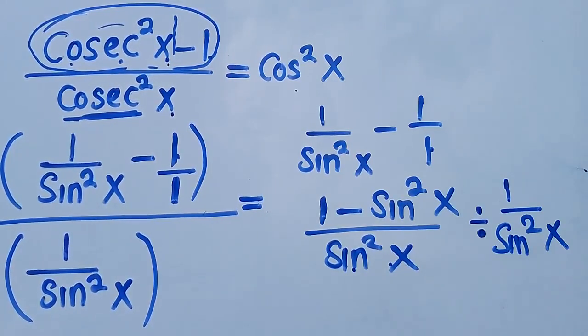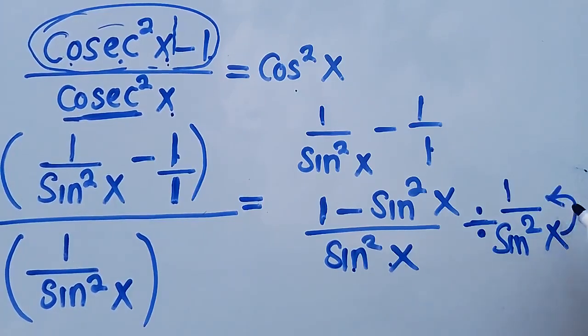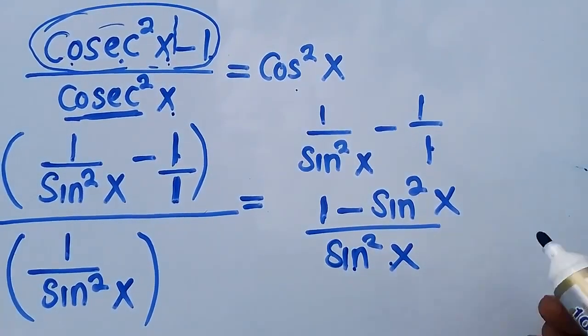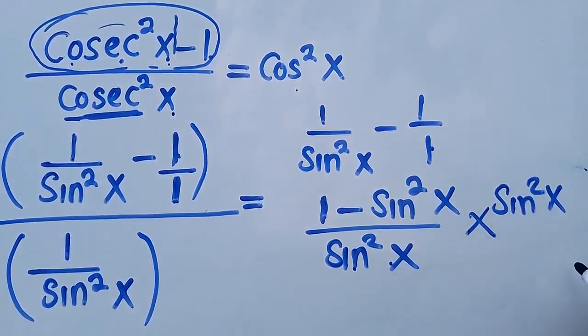Now, here this one changes to times. The moment it changes to times, you know that this one will go on top, then the 1 will come down. When that changes to times, the sine squared x will go on top, over the 1 that comes down.